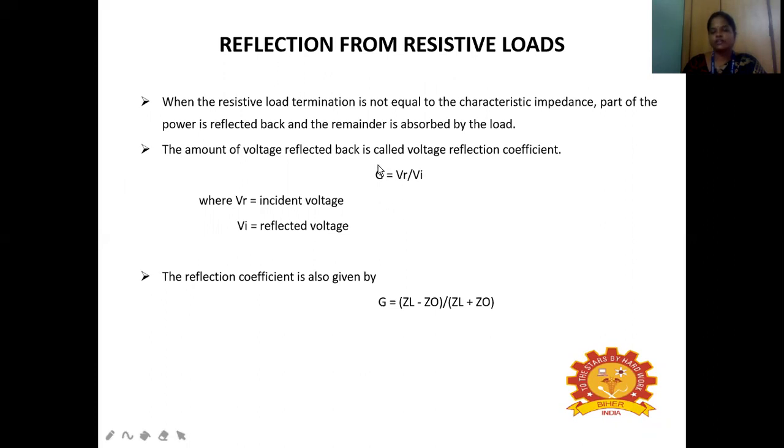The reflection coefficient is also given in terms of load and source impedance as Γ = (ZL - Z0)/(ZL + Z0).